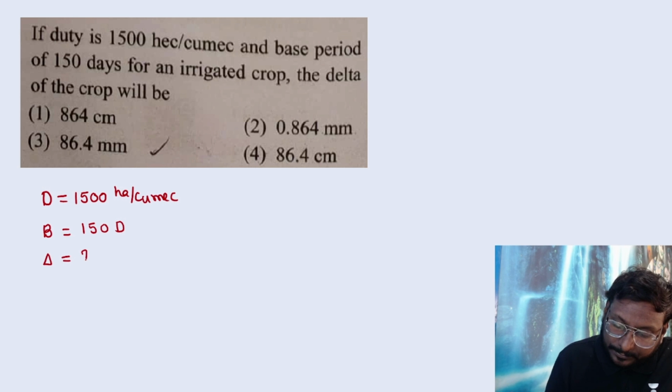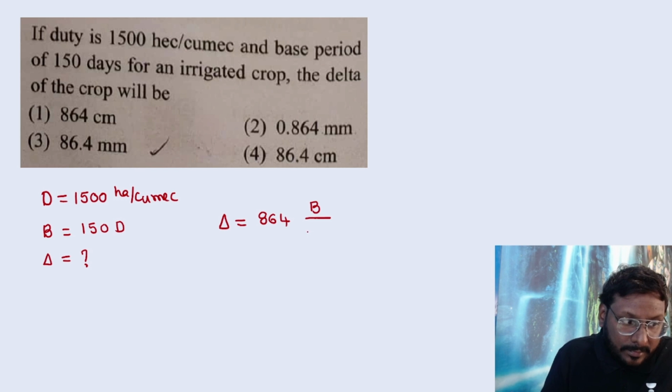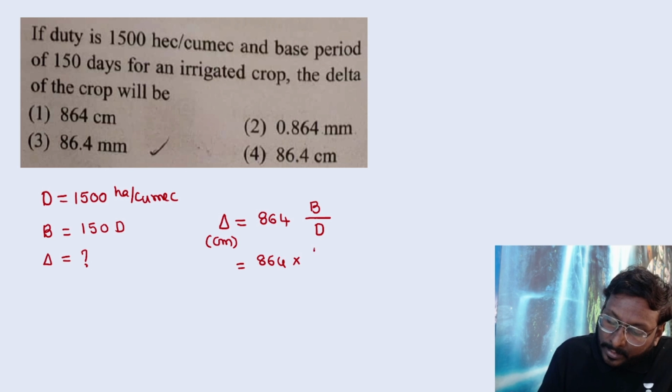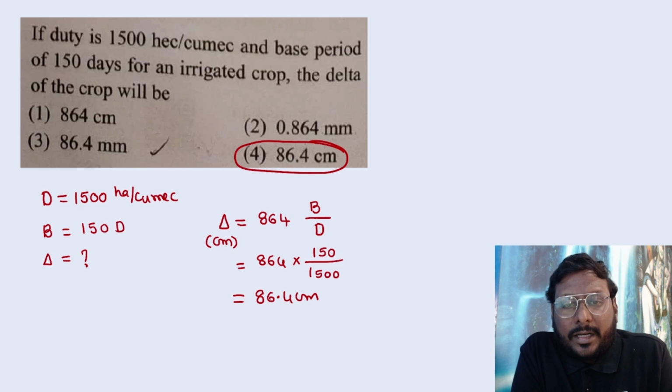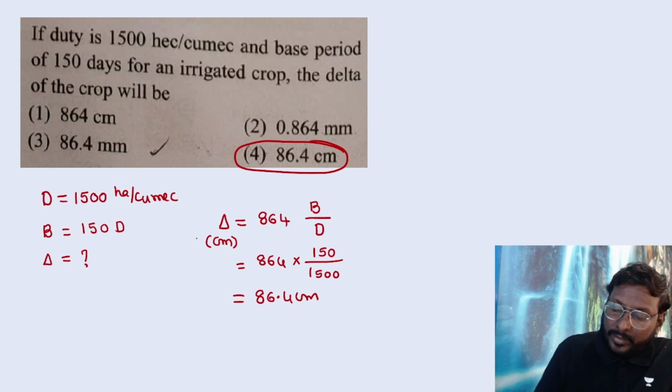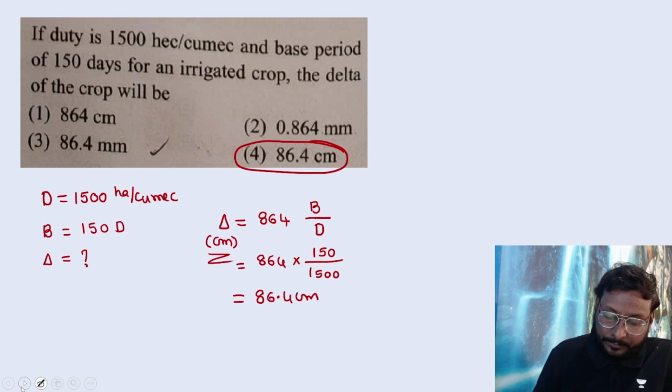Delta is equal to 864 B by D, with delta in centimeter. 864 into 150 upon 1500 gives 86.4 centimeter. This is our shortcut formula, 864 B by D, when you are taking delta in centimeter.